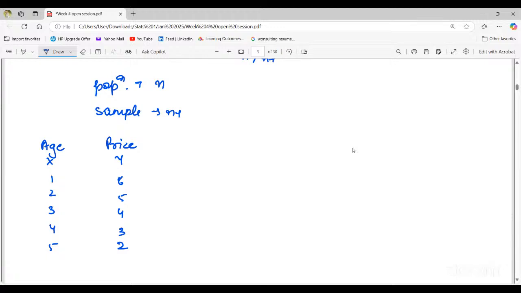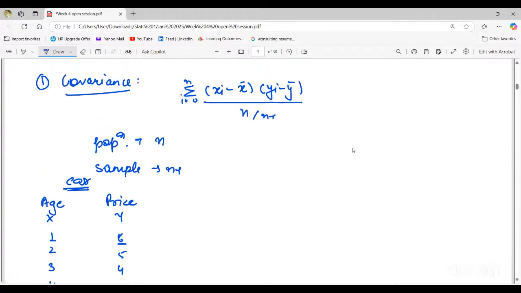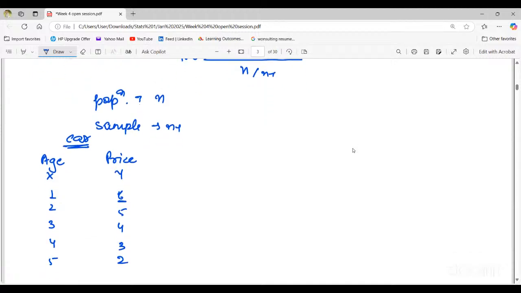If it has been 1 year, it can be 6 lakhs or something. Now I have to calculate the covariance. The first thing is to calculate xi minus x bar. What is x bar here? It's the mean of age.